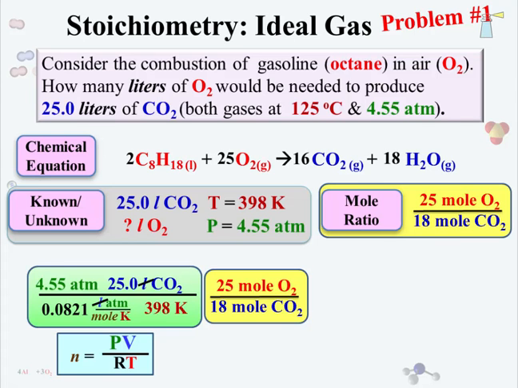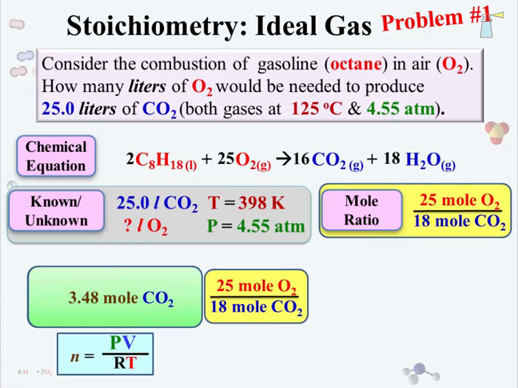Liters cancel, atmospheres cancel, and Kelvin cancels. If we were to do the math on this part of the solution, we would get 3.48 moles of carbon dioxide. Moles of carbon dioxide also cancel.